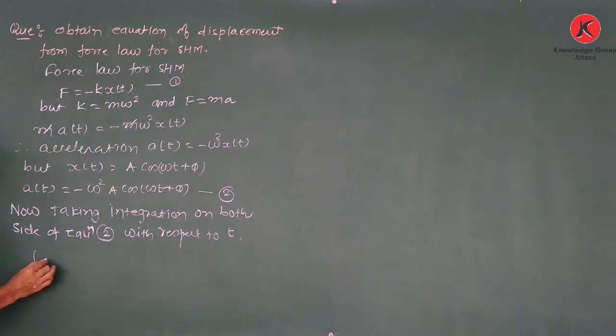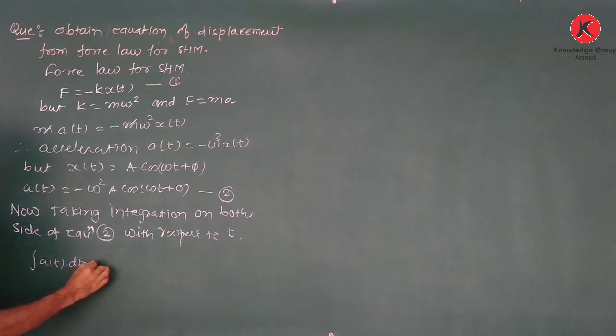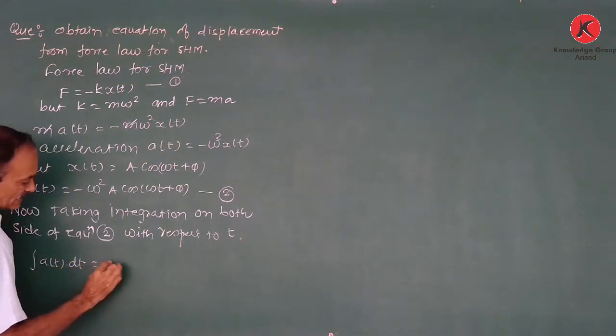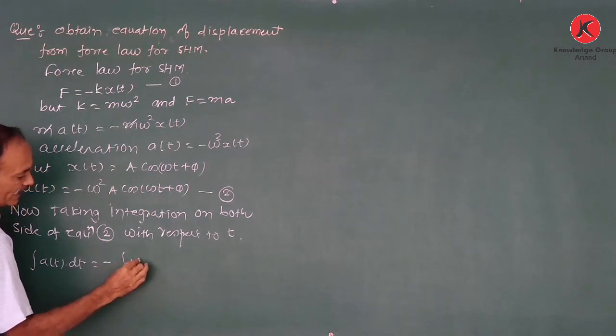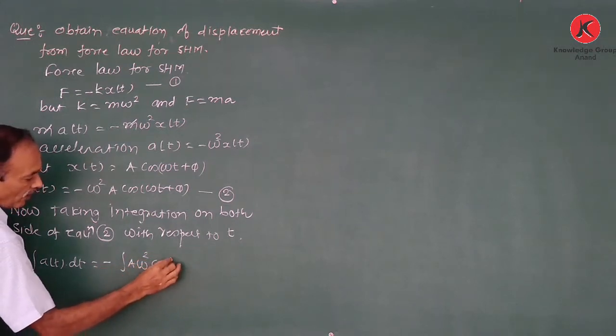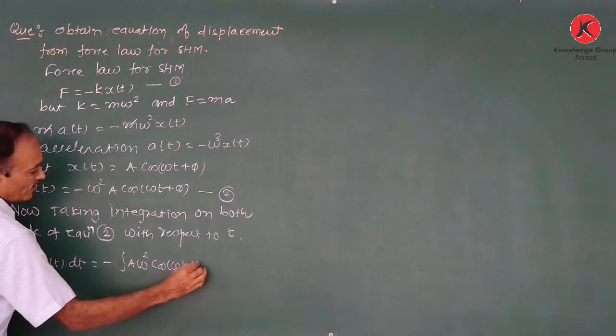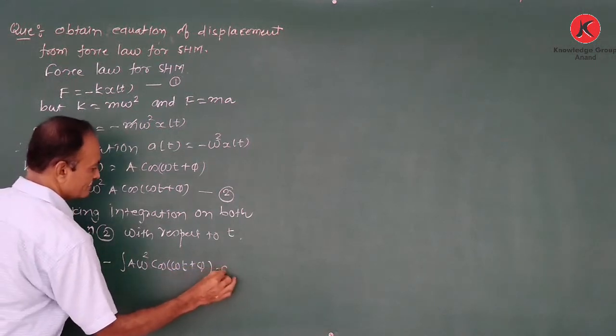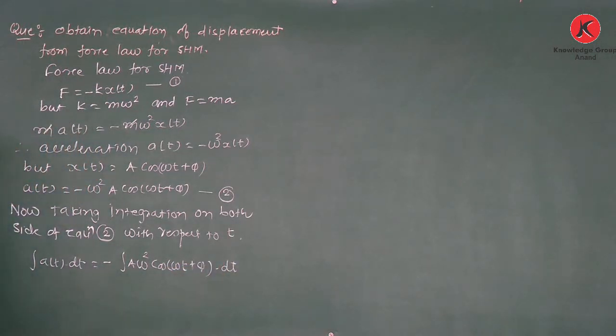Therefore, integration of a(t) dt is equal to minus integration of A omega square cos(omega t plus phi) dt. Already you learned about integration in chapters 3 and 4. We are taking the integration on both sides. Therefore, integration dt on the left hand side, and integration dt on the right hand side.